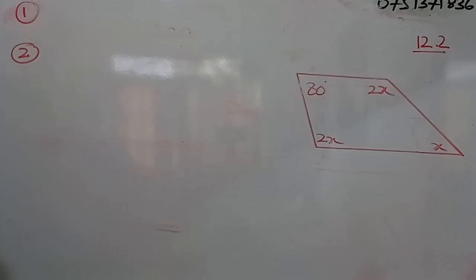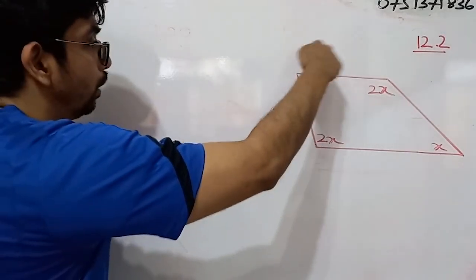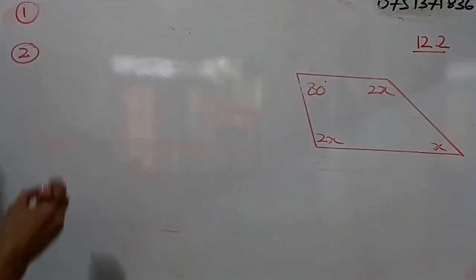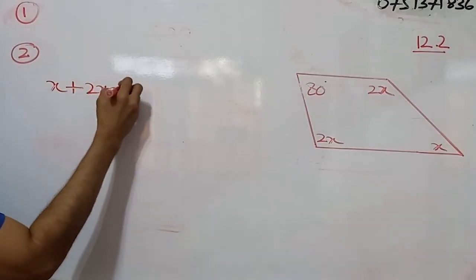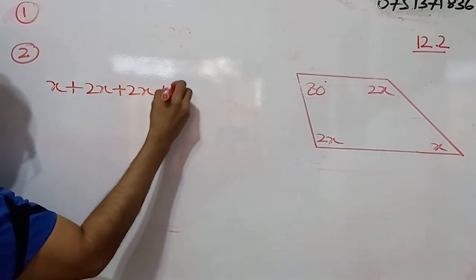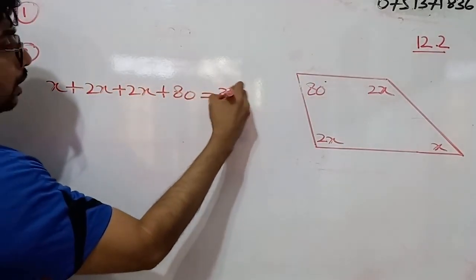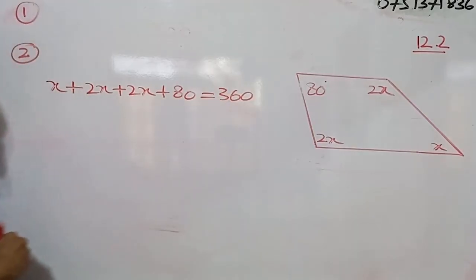Right, part 2 of question number 1, exercise 12.2. So here also we have a quadrilateral. We only know the magnitude of this angle. So we can write x plus 2x plus 2x plus 80 is equal to 360.